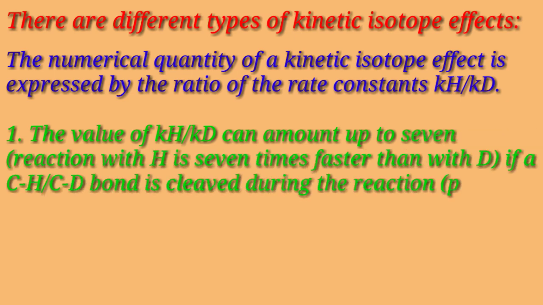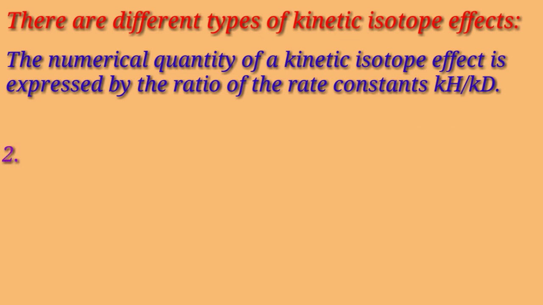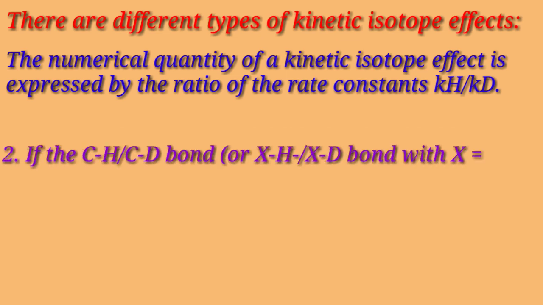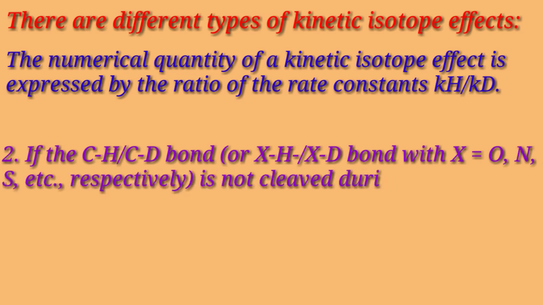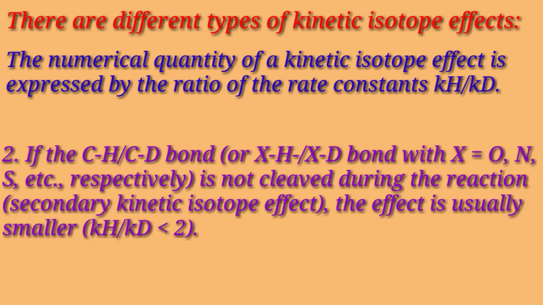If a C-H or C-D bond is cleaved during the reaction, then we call that effect the primary kinetic isotope effect. And if the C-H or C-D bond is not cleaved during the rate determining step, then it is called a secondary kinetic isotope effect, and this effect is usually smaller, that is the ratio of kH upon kD is smaller than 2.